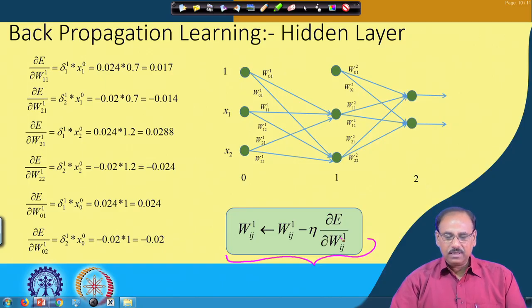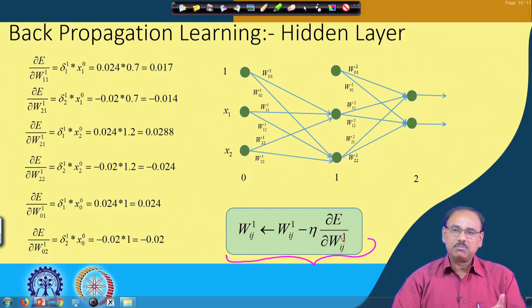So, you find that by back propagation of the error terms from the output layer, I can update the weight vectors even in between the hidden layers, and this can proceed further.